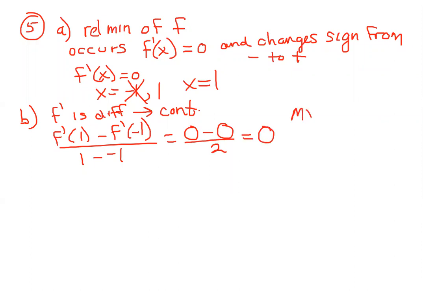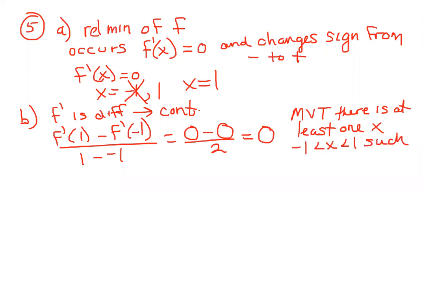Therefore, the mean value theorem tells you there is at least one x between -1 and 1 such that f double prime of x equals 0. And that's because this equals 0 right here.